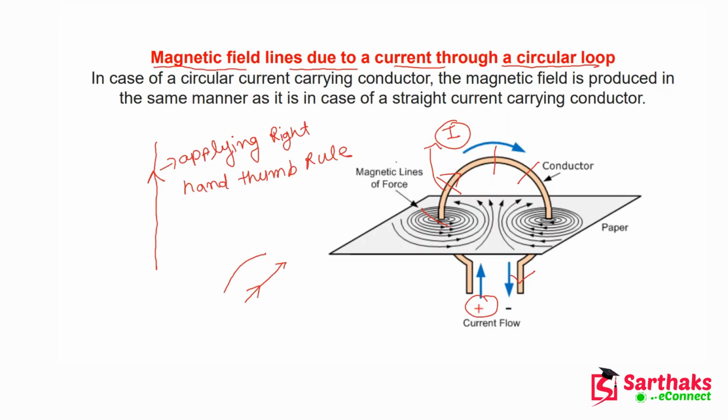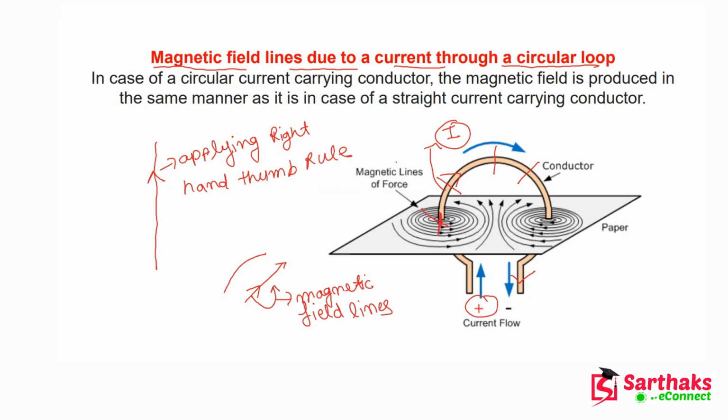To apply this rule, you have to keep your thumb straight, in the direction of current. Your curved fingers will then show the direction of magnetic field lines. Now we have to find out the magnetic field lines on this part also.